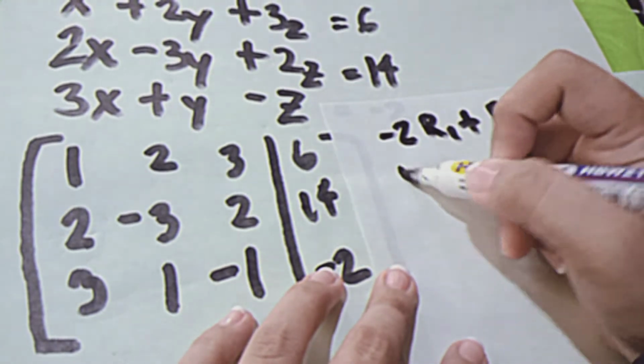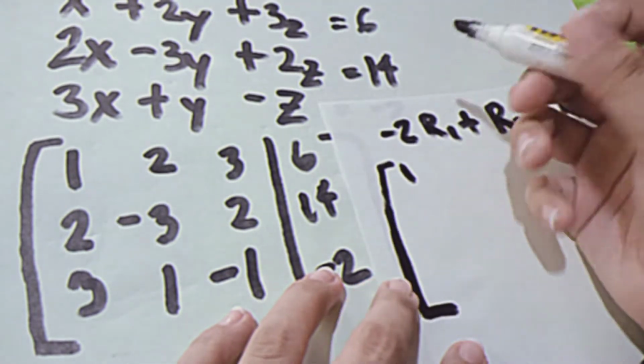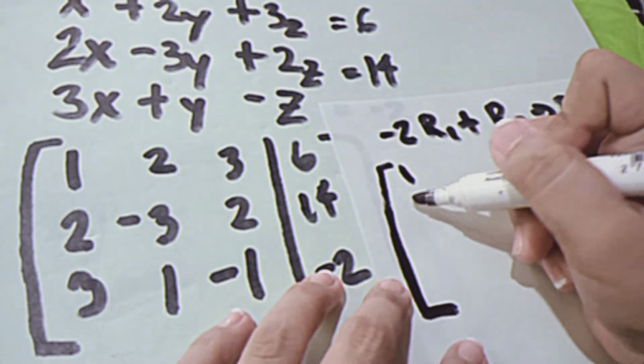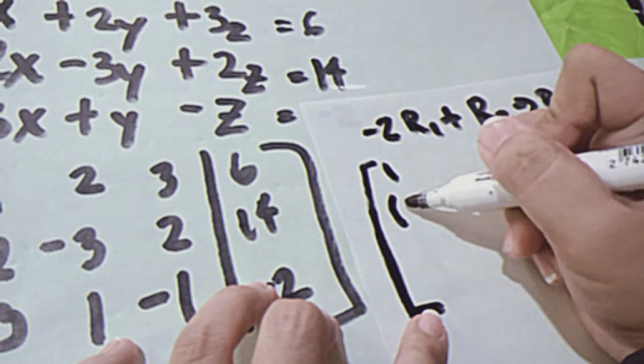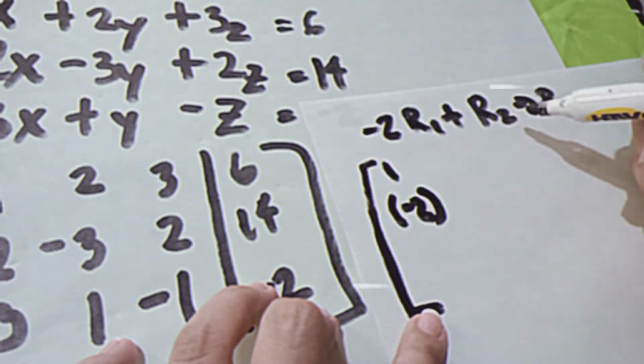So 1, and then 2. We take row 1 and row 2.